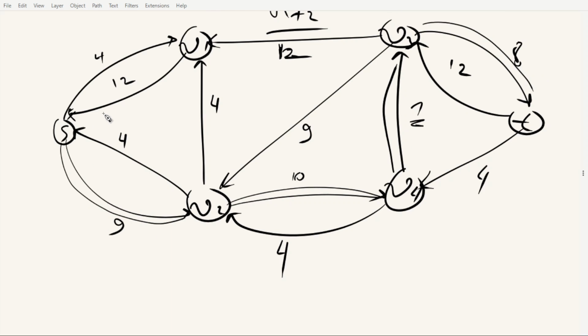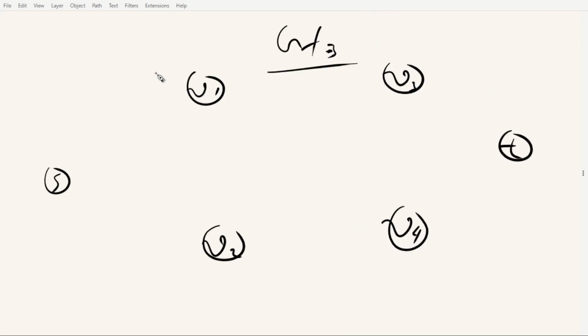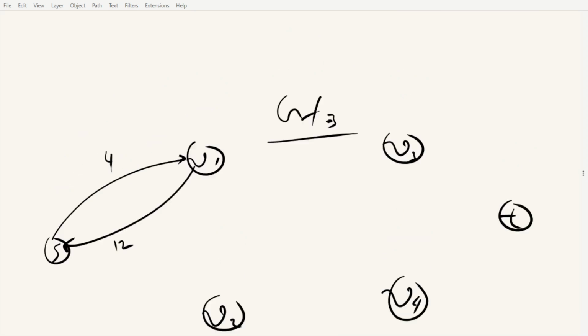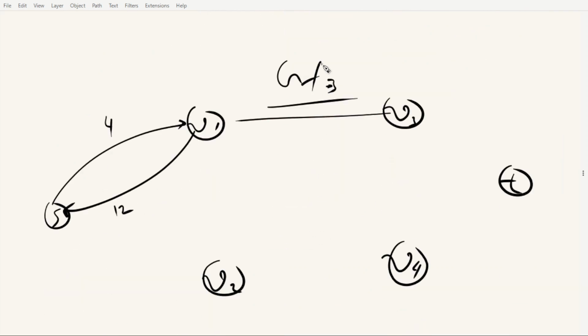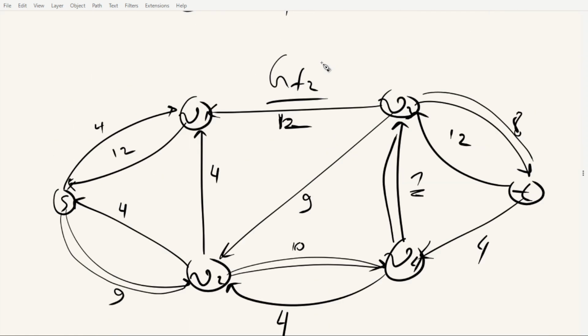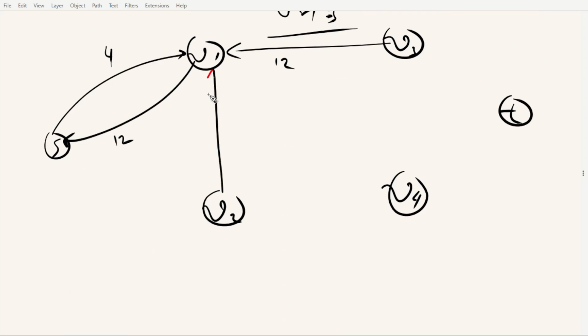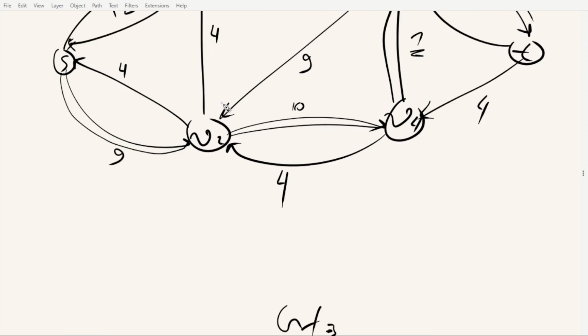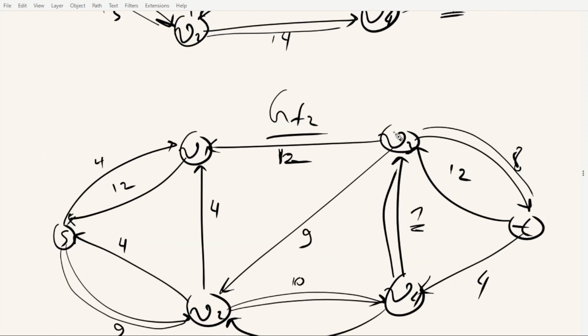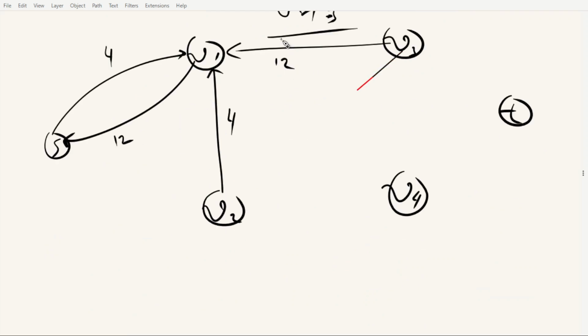So we copy first 4 and 12, then 3 to 1 is 12, 2 to 1 is 4, and then we have 2, and this will change. 3 to 2 is 9.